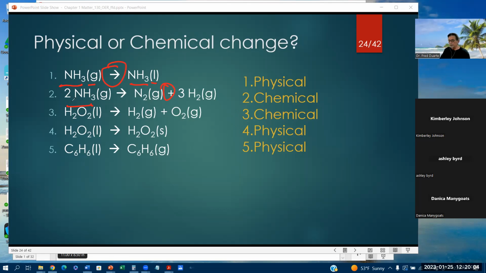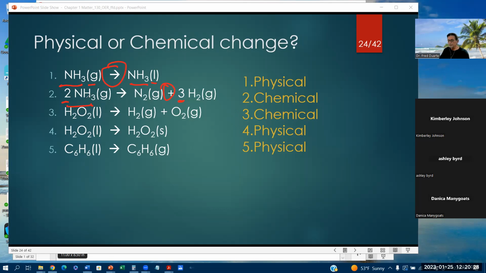Now we put numbers, coefficients, on them because remember, the conservation of matter. Those coefficients tell us that there are two molecules of ammonia to begin with, and then after the process, there's one molecule of nitrogen and three molecules of hydrogen.